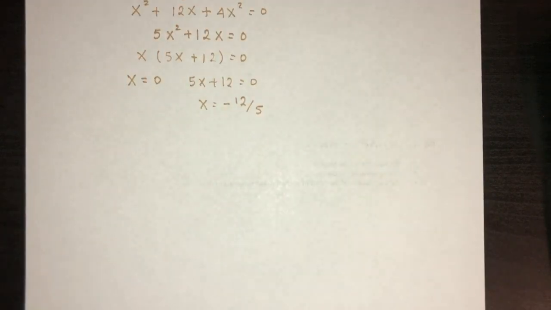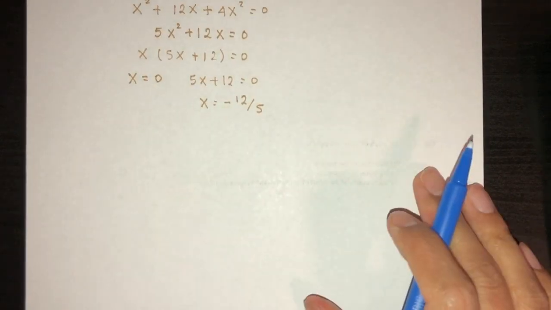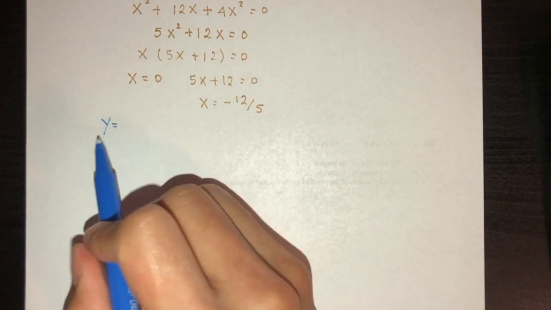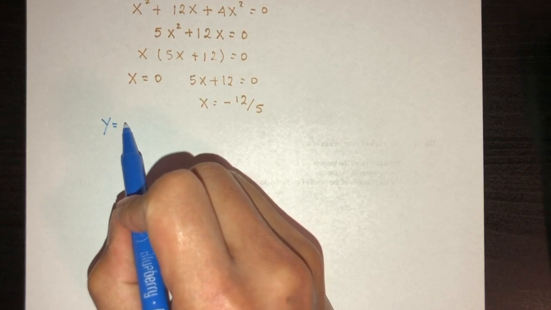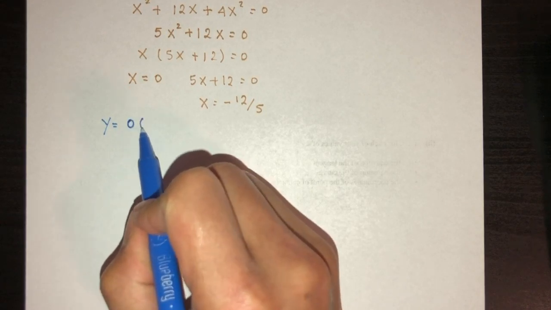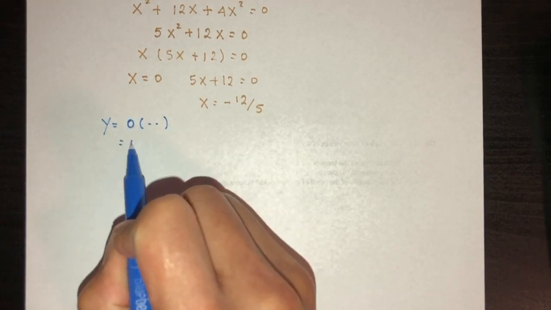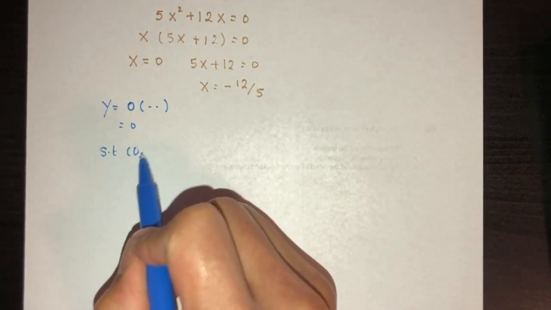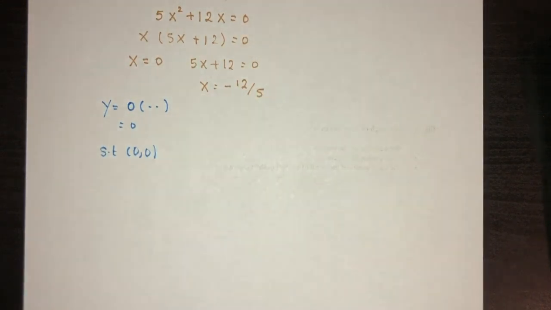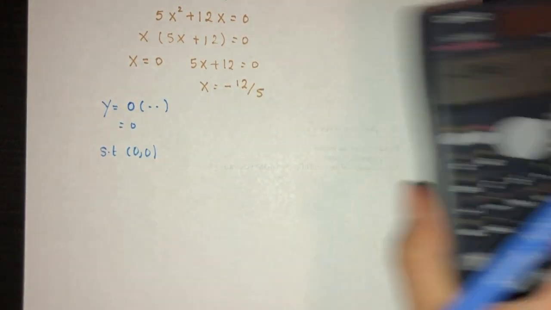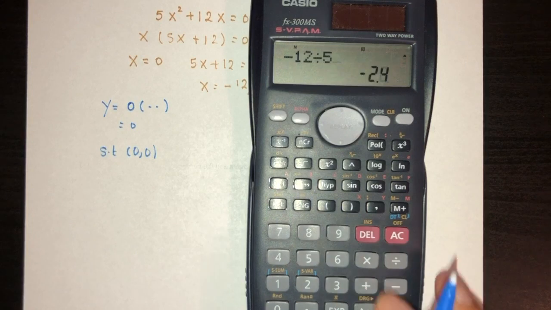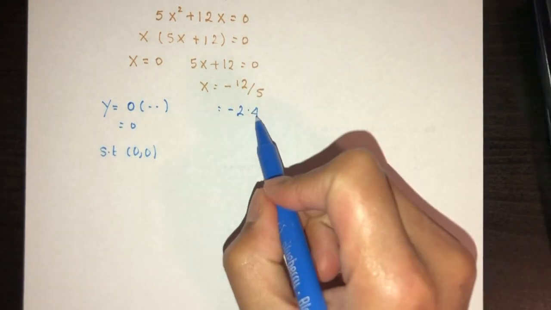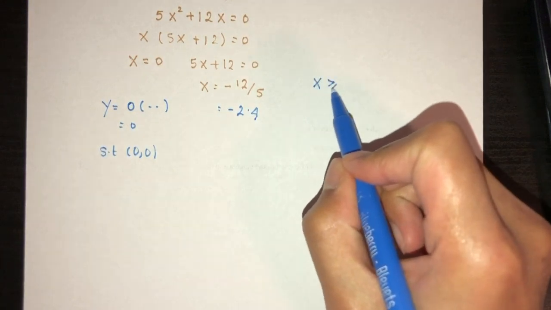Now we have to find the corresponding values for y. So y will be what? Let's see. y will be, we have x squared is 0 times something, that will be also 0. So the first turning point here is 0, 0. Now this one, let's check. Minus 12 divided by 5 is minus 2.4. The condition we had here is x has to be bigger than minus 3.